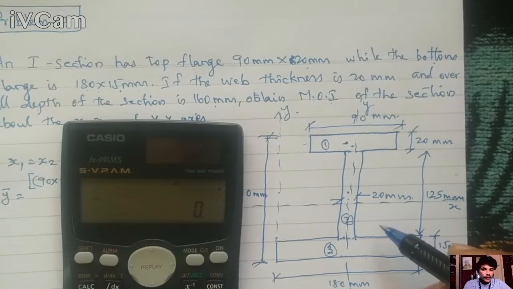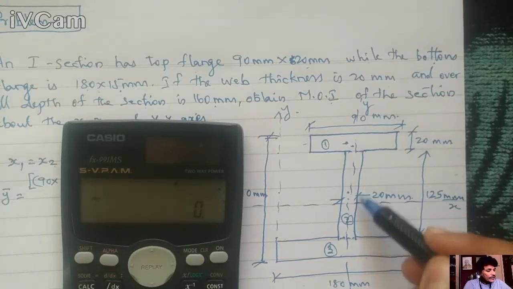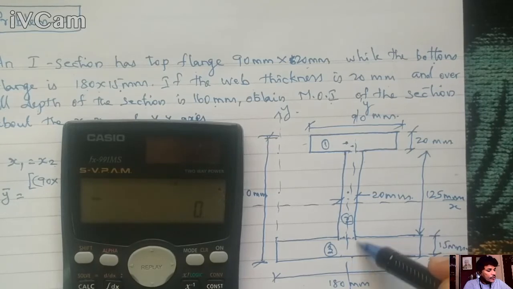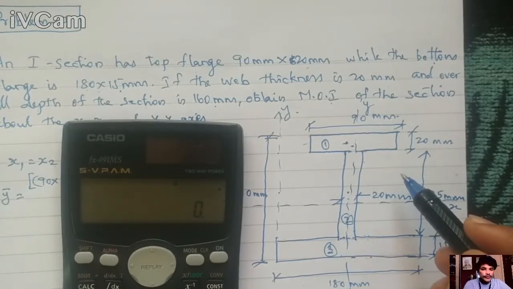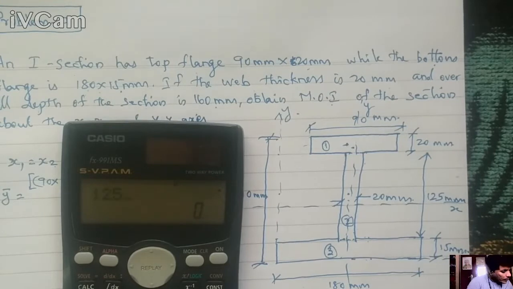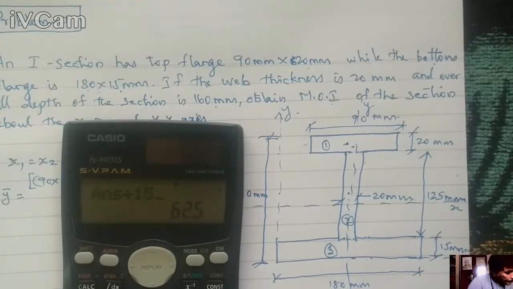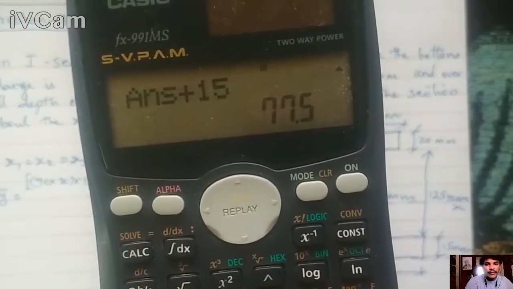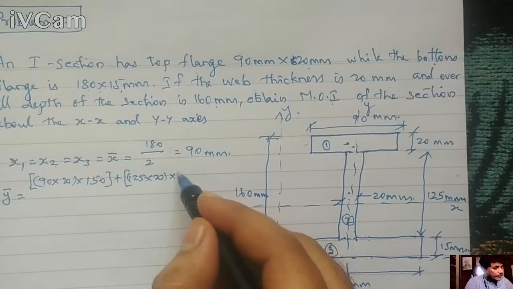You just take the centroid of the individual section and add this. Why you are adding this: because you are measuring from the bottom, that's why I am adding this thickness. Suppose I am taking from here, it would be just 125 by 2. So 125 divided by 2 plus 15 mm is 77.5 mm.